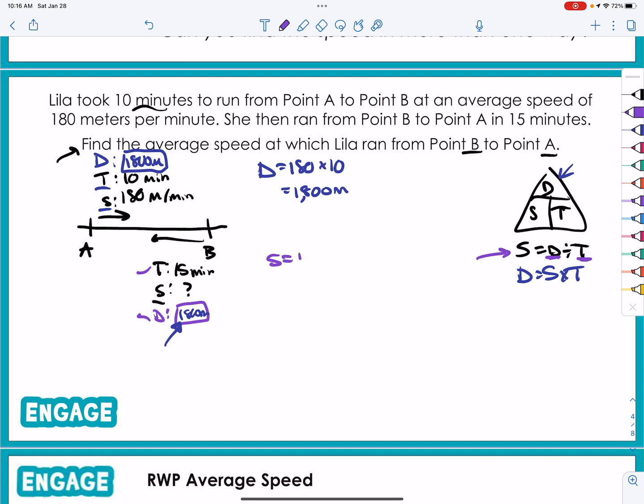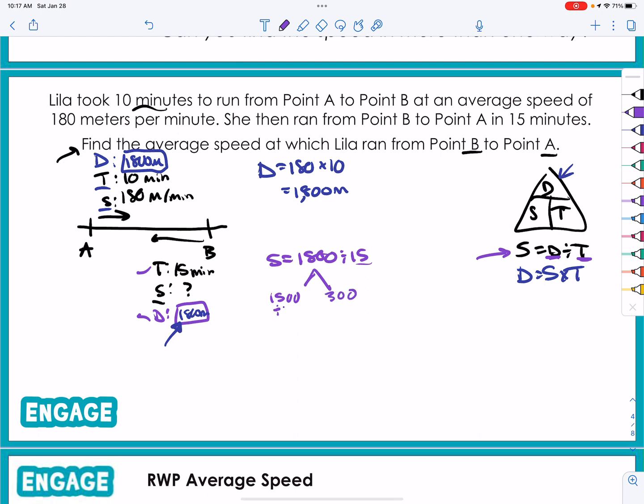Speed equals distance divided by time. 15 minutes, I think, yeah. So again, I'm not a super huge fan of long division, so I'm going to use some branching because this lends itself to a lot of these problems, where I know I'm going to pick numbers based on this 15, where 1,800 is 1,500, and then a 300.